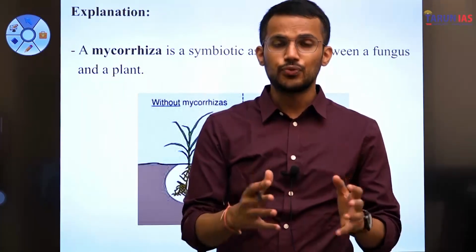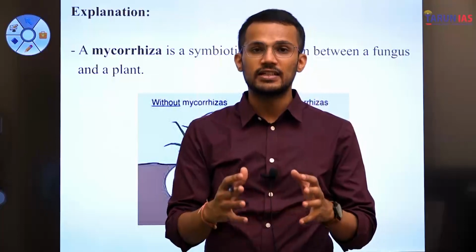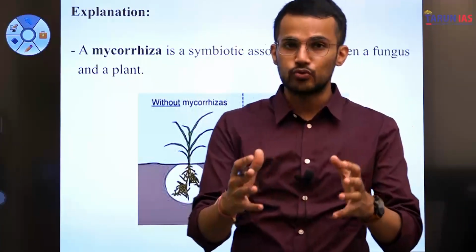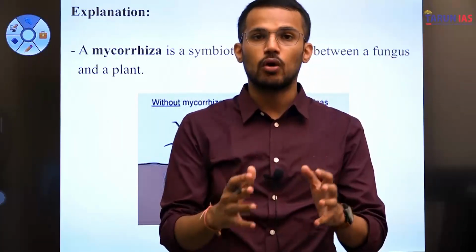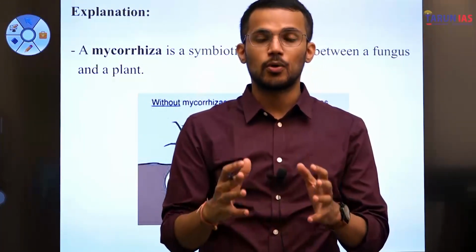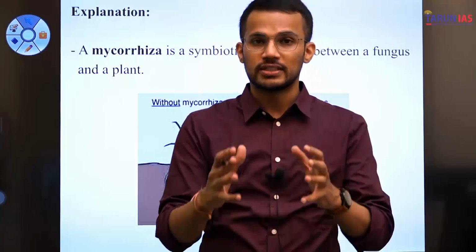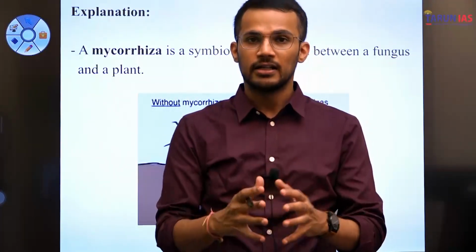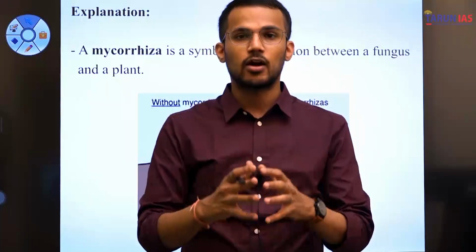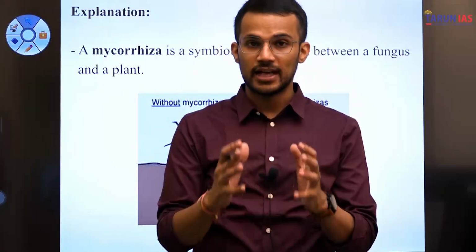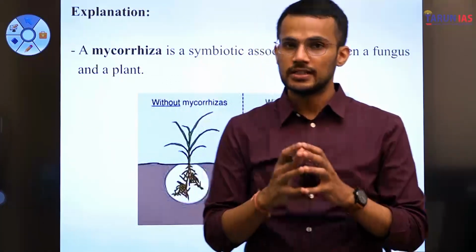And if any disease is trying to infest this particular plant, based upon the potential growth that has been achieved by the plant, that plant will be able to thwart the attack of disease. And that's why even the third statement is correct.